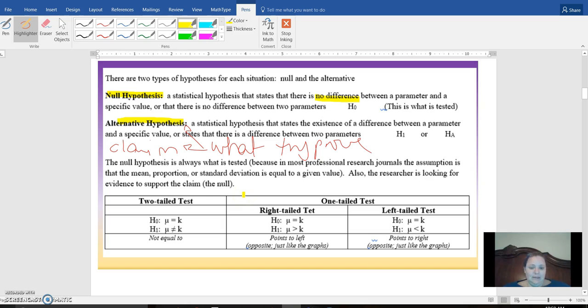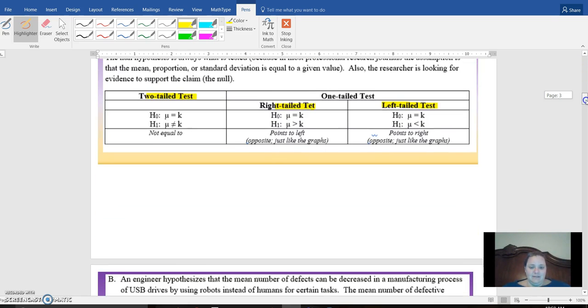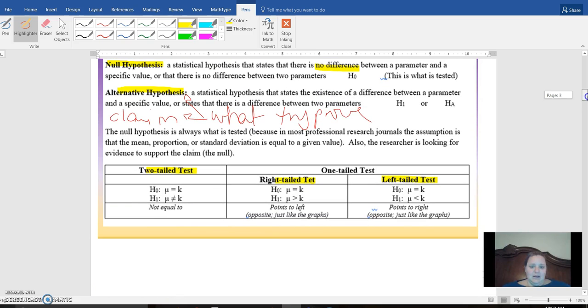There's three kinds: the two-tailed test, a one-tailed right-tailed, and a one-tailed left-tailed test. For a two-tailed test, notice what's similar about all these. This is the null, H0. Notice it's always the mean is equal to some value.